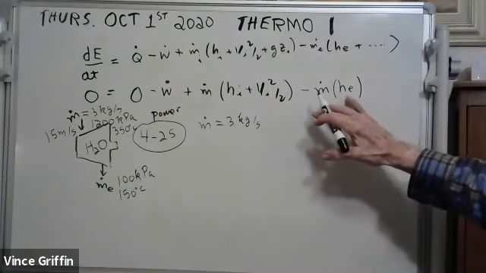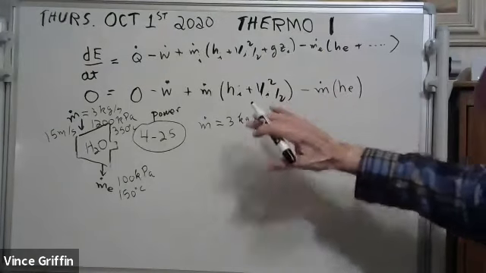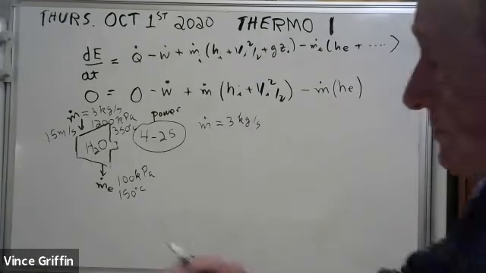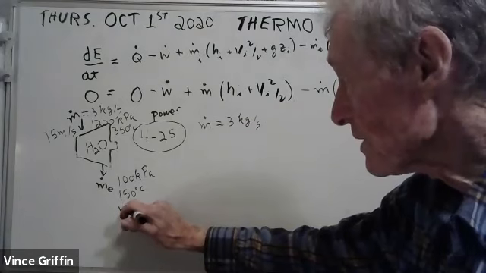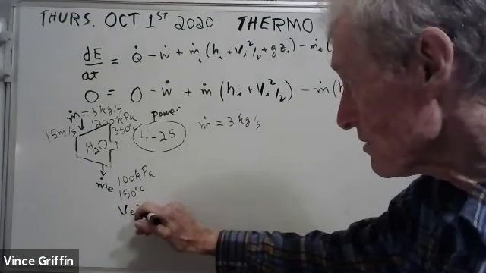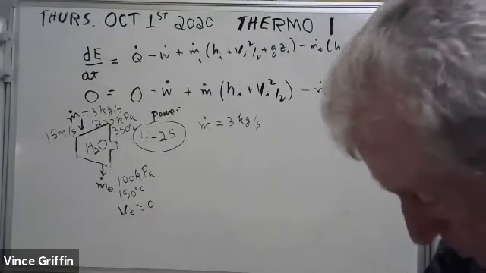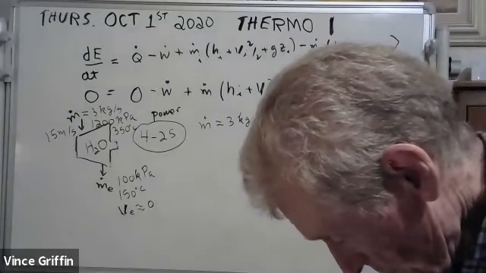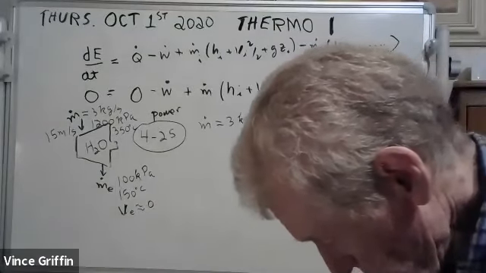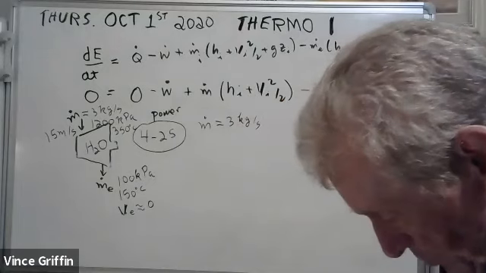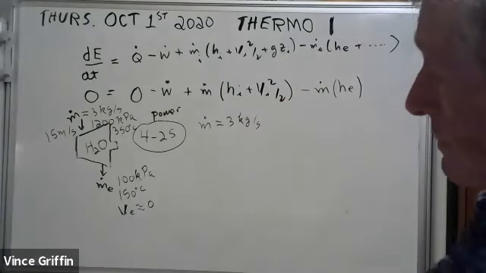That's how come I didn't include the exiting velocity. So you could just say the exiting velocity, call it 0. Now what they want is the specific work and the power.